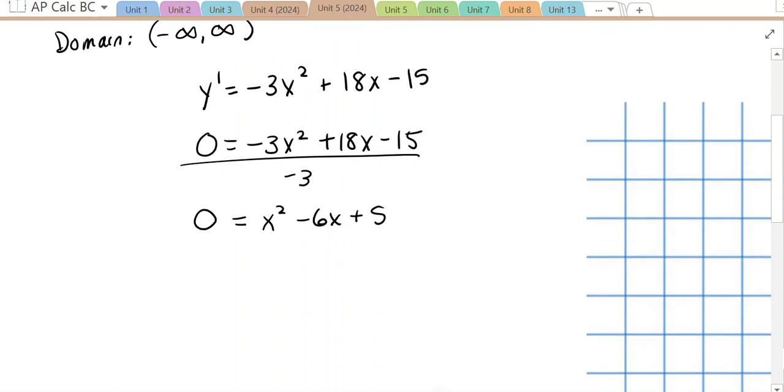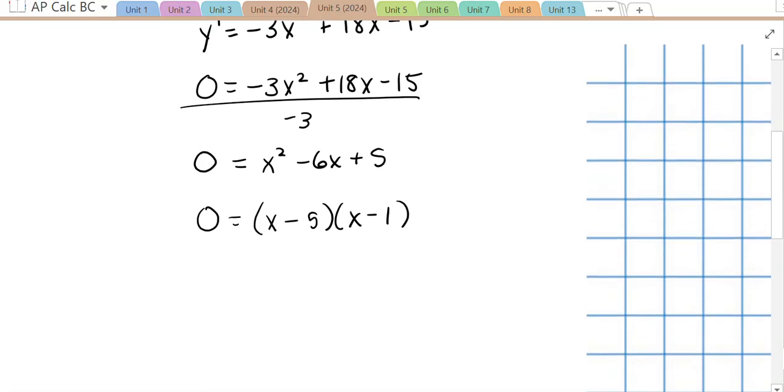And then a little factor, x minus 5, x minus 1. That's telling me that potential local maxes and mins are occurring at 5 and positive 1, because my critical numbers are 1 and 5.